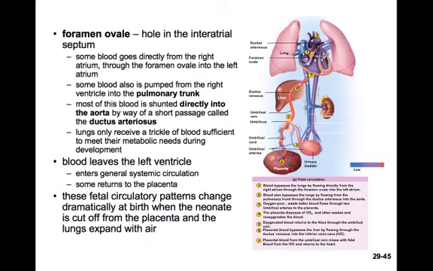Now, these fetal circulatory patterns change dramatically at birth when the neonate is cut off from the placenta and the lungs expand with air. We'll look at those adaptations shortly. Take a moment now, though, to diagram the fetal blood flow between the placenta, the lungs, the heart, the liver, and so forth, much like we did the diagram of the systemic and pulmonary circuits.